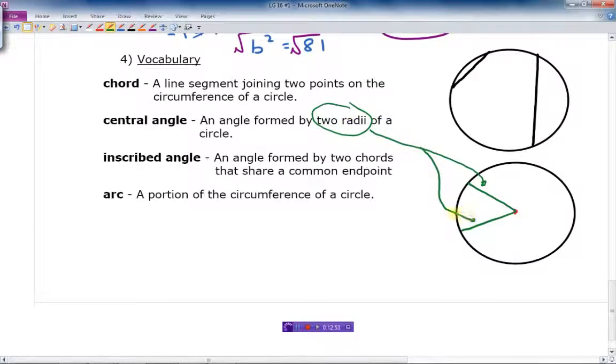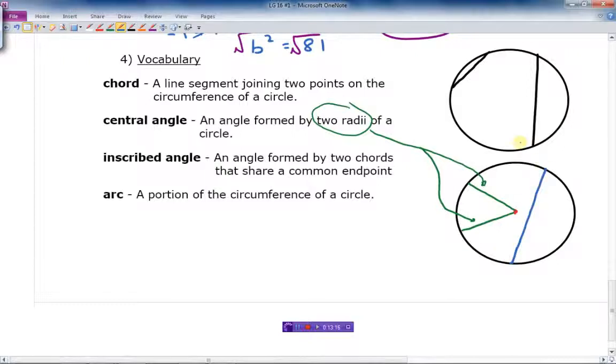Now an inscribed angle is an angle that once again starts at two different places on the outside of the circle. So let's do that. Let's draw one from here to here. But it goes to the, it's like a chord. It's two chords really is what it is.